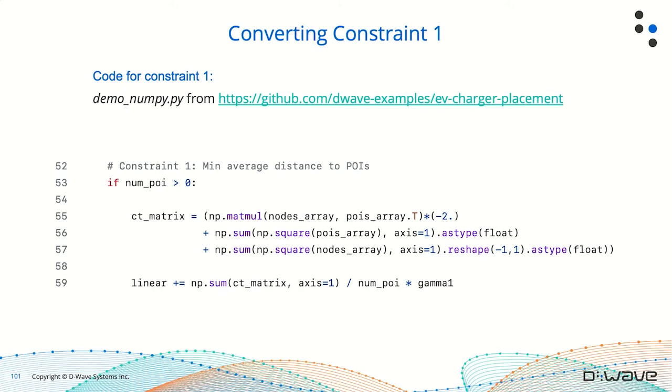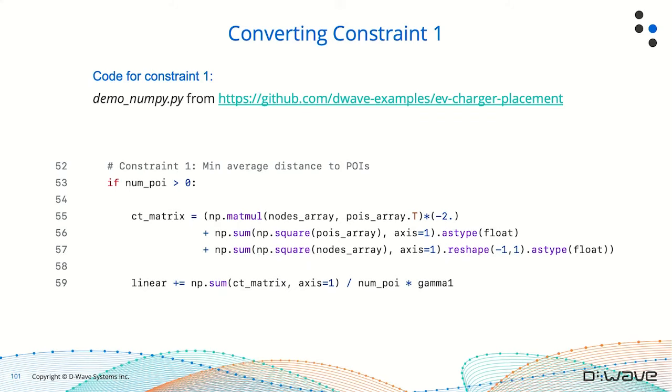All right, so if you want to actually code this up with NumPy, like I said, it sounds like a lot of steps, but you can do it in just these couple of lines of code right here. So I'm going to check that I have at least one point of interest before I go through this computation. And I'm going to build up my cross-term matrix, doing that matrix multiplication times -2, those squared term sums you see next on lines 56 and 57.